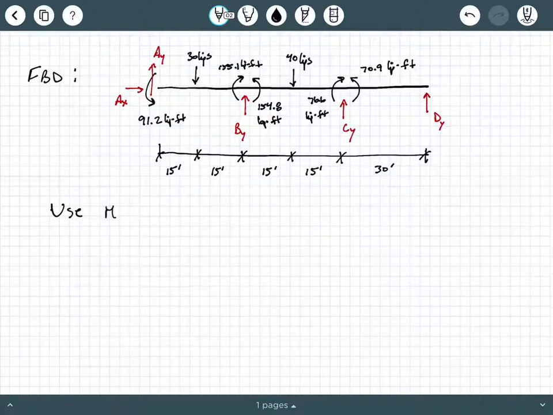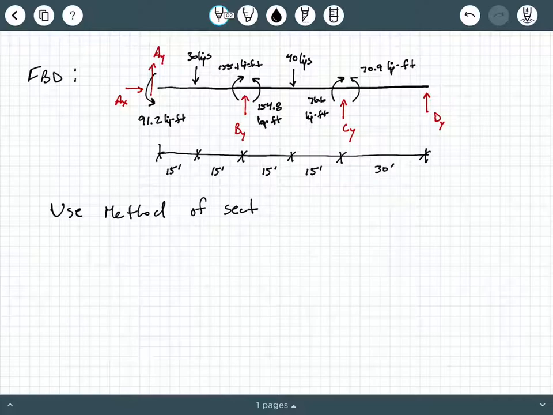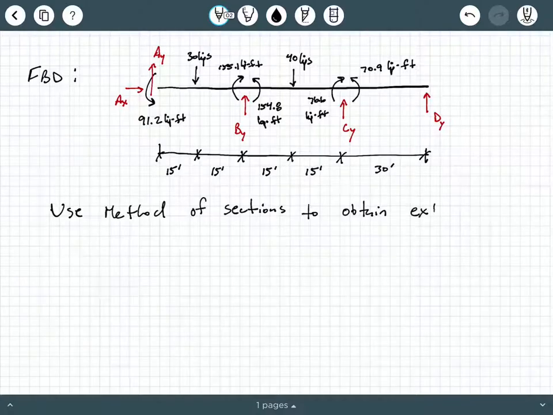What we want to do is use method of sections to obtain externals. Now, what we're going to do is something very similar to what we did with slope deflection. Actually, it's pretty much the exact same thing we did with slope deflection.